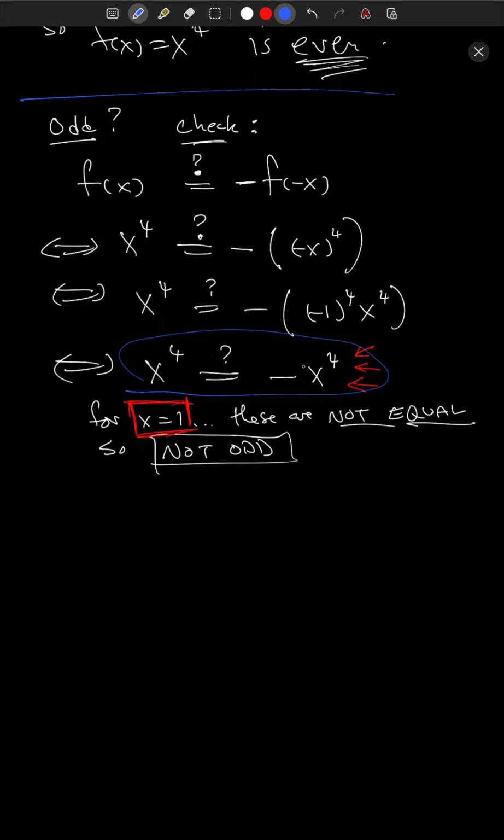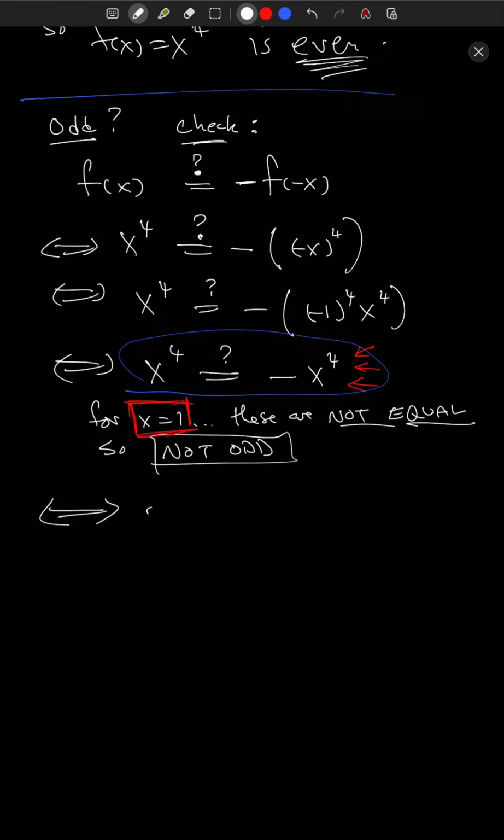But if you're not sure, just keep computing, right? Keep computing until you get to the point where they're obviously equal, or obviously not equal. So here, if I didn't recognize that these two are not equal, I could just continue. My next step perhaps would be to throw the x to the fourths all to the left side, right?